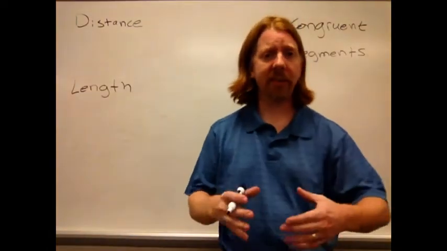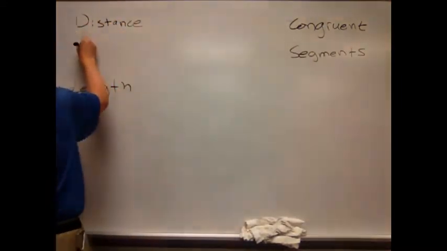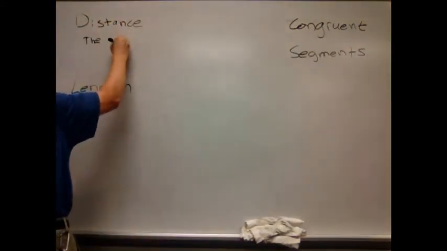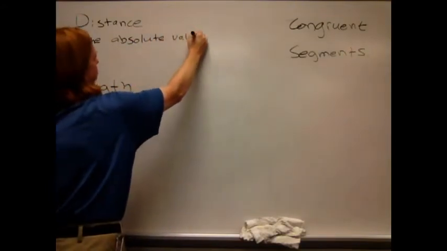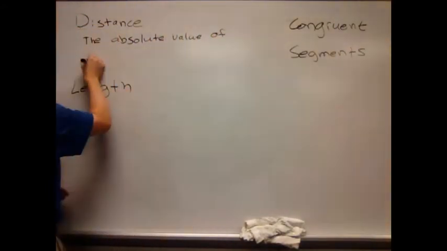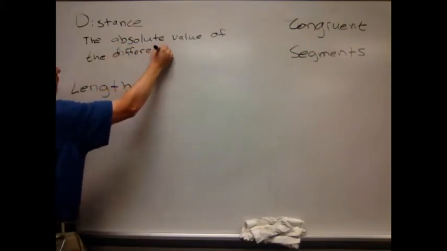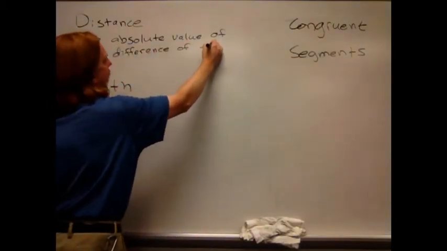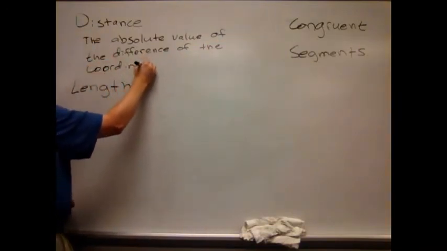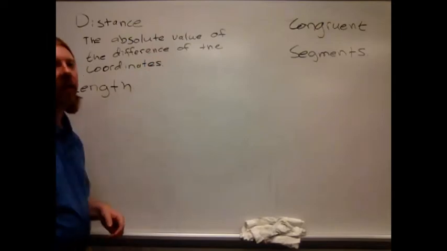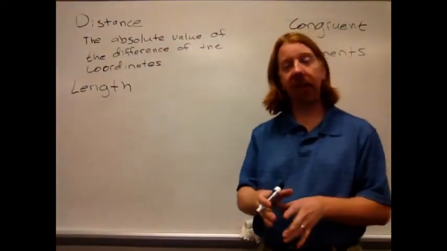Now when I talk about distance, the textbook definition of this refers to the absolute value of the difference of the coordinates. Now, that's a very long way of getting to a very simple idea.